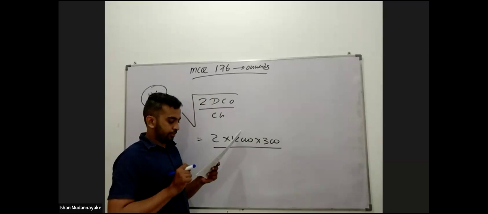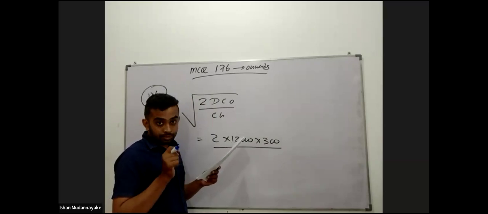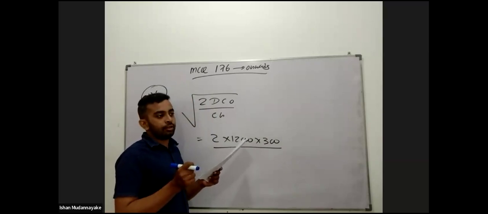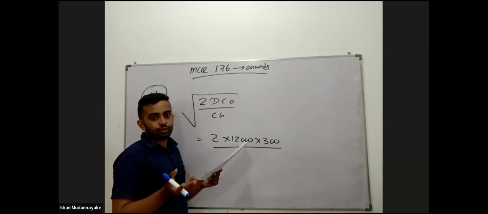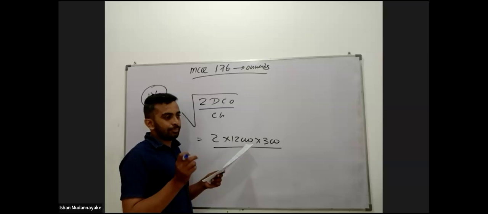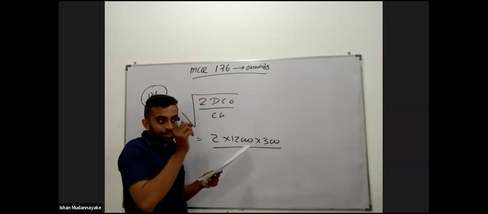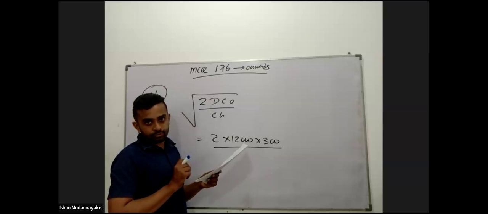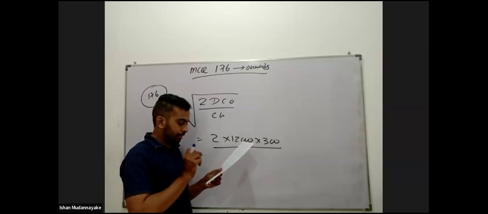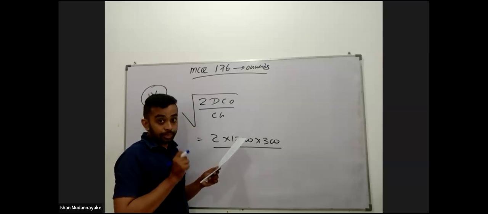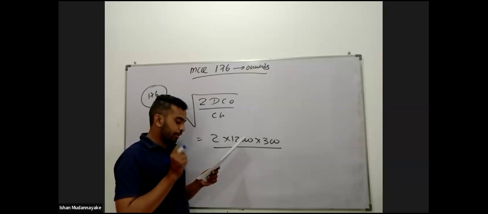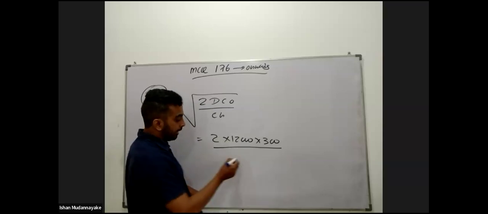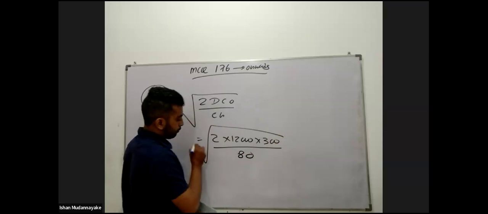Normally the examiner will provide you holding cost per unit, or sometimes he will give you selling price or something, and a ratio to calculate the holding cost per unit. I think this is some kind of printing mistake. So it should be holding cost per unit, 80, into square root.